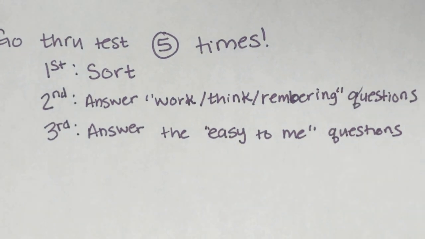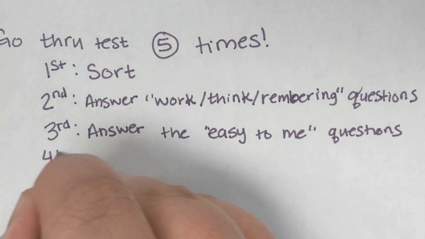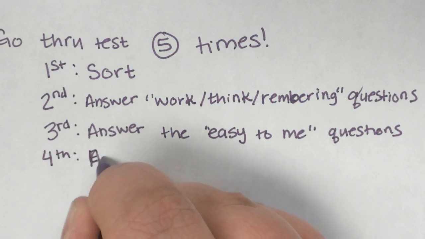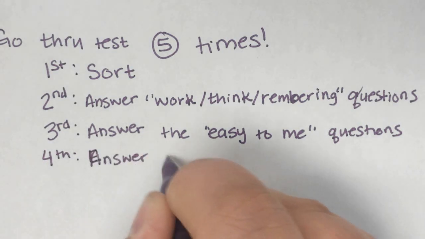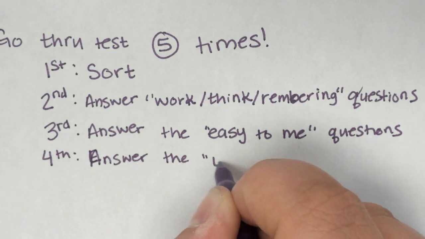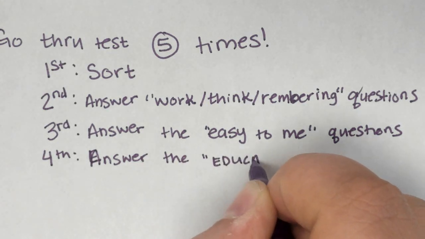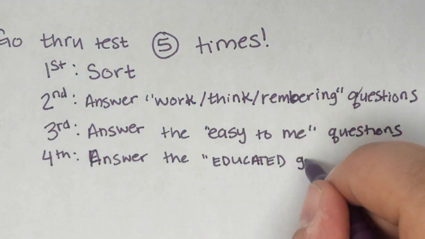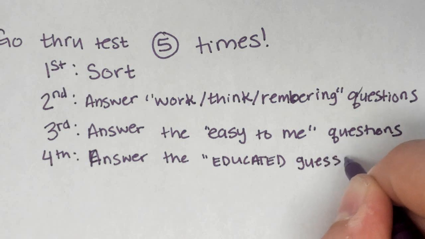Okay. The fourth time they go through the test, this is when they're going to make the educated guess. So they're going to answer the educated guess questions. We're going to emphasize educated guess here because I've got a little process that will help them go from randomly guessing to making an actual good educated guess.